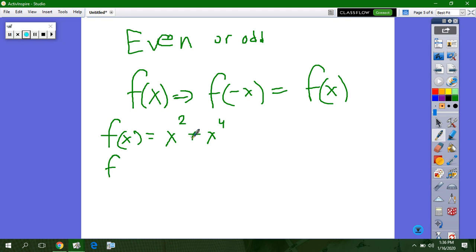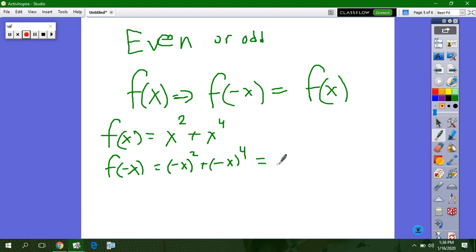So you take the function, and then you replace the x's with negative x's. That's how you're always going to tell if it's even or odd. Can somebody tell me what I get when I do negative x squared?